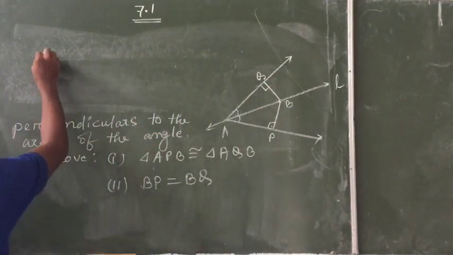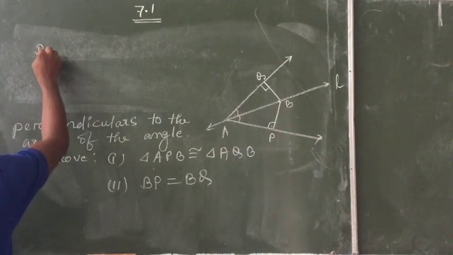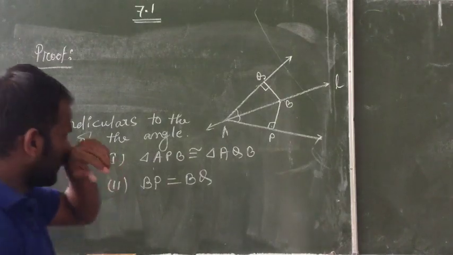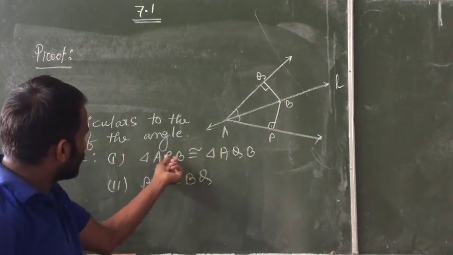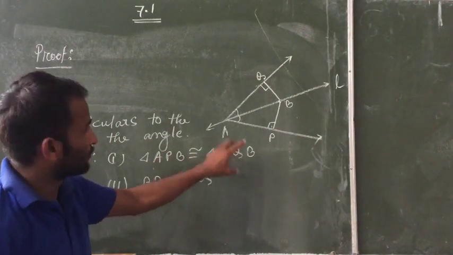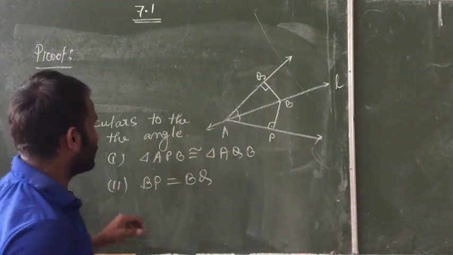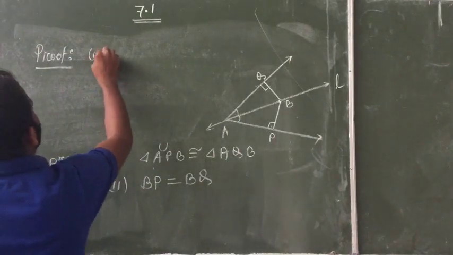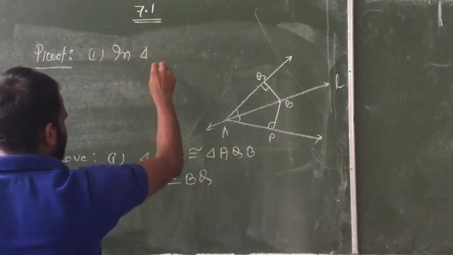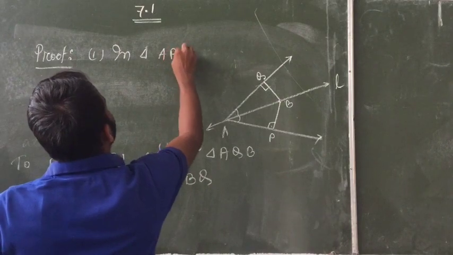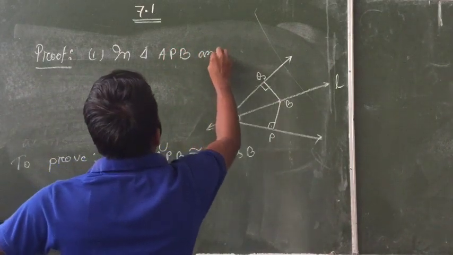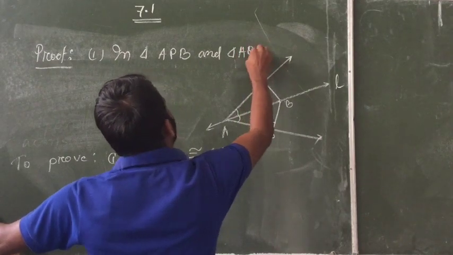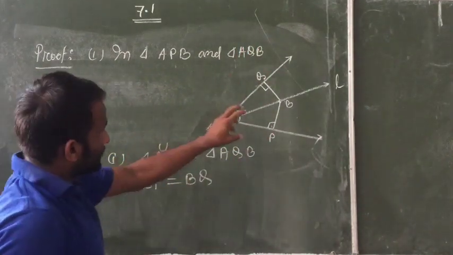So now we'll prove the sum. Proof. Which two triangles do we need to prove congruent? Triangle APB and triangle AQB. So we'll take these two triangles and find the equal parts. So in triangle APB and triangle AQB, what parts are equal here?